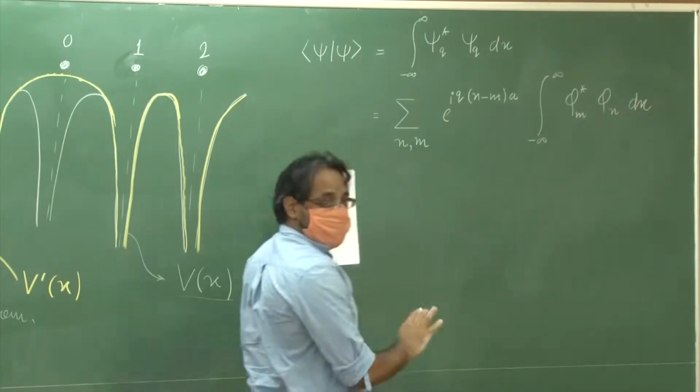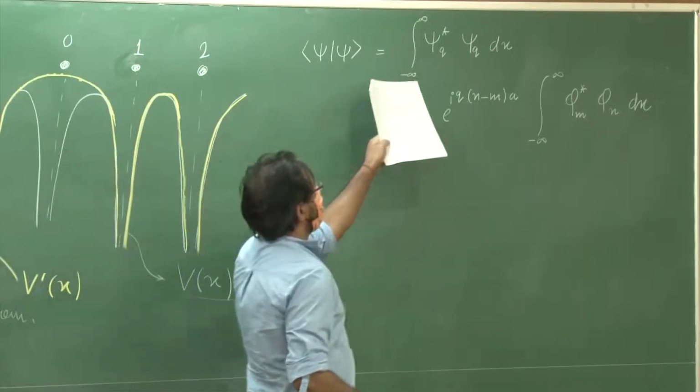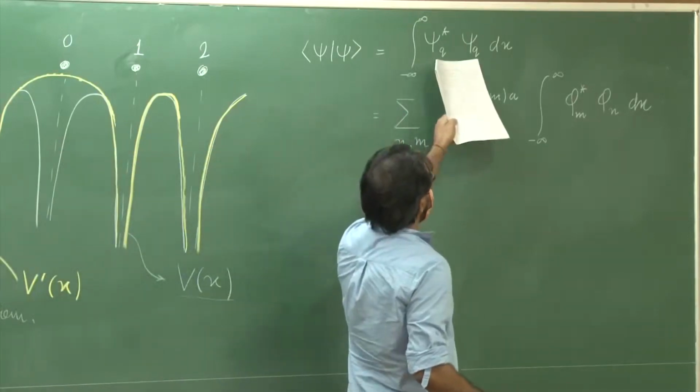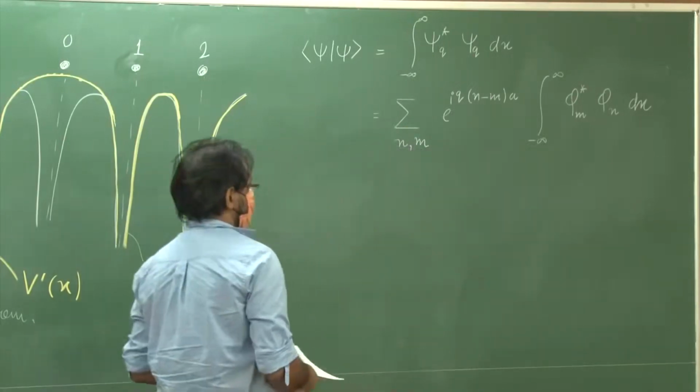This is okay with everyone? I have used an index n for this and m for this. That's all I have done. I had to use two different indices.